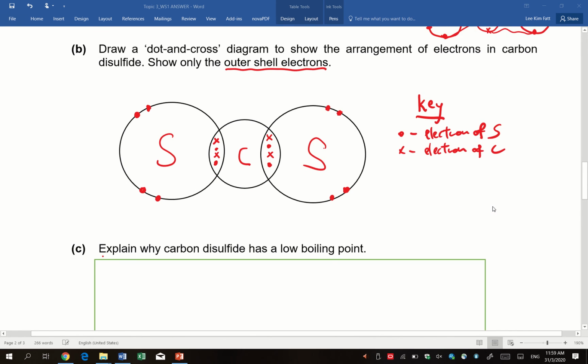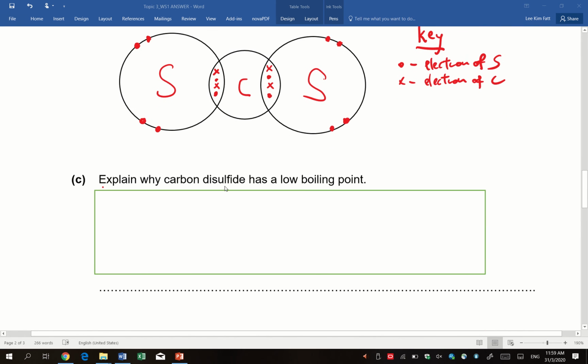And we continue. Now, the next question asks you to explain why carbon disulfide has a low boiling point. First of all, something very similar. Low boiling point is a physical property of your covalent substance. As previously determined, this is a covalent compound.